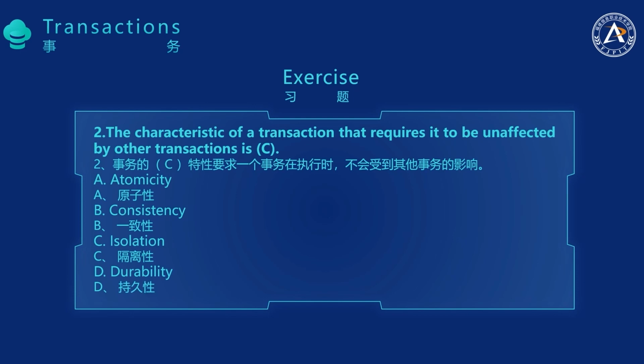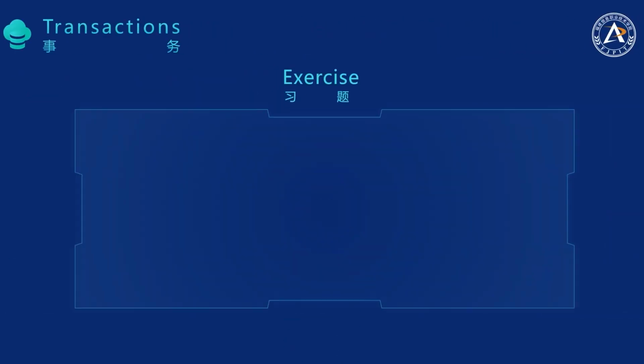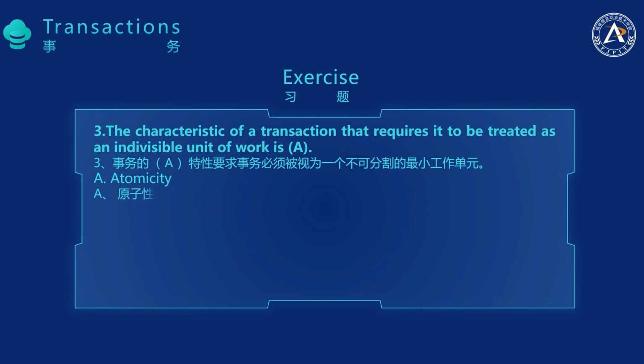B. Consistency. C. Isolation. D. Durability. Third, the characteristic of a transaction that requires it to be treated as an indivisible unit of work is A. Atomicity. B. Consistency. C. Isolation. D. Durability.